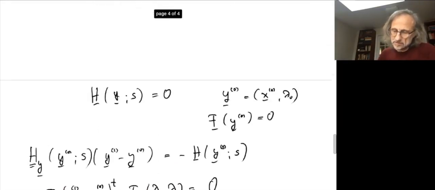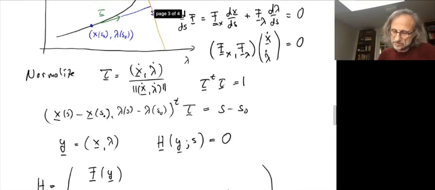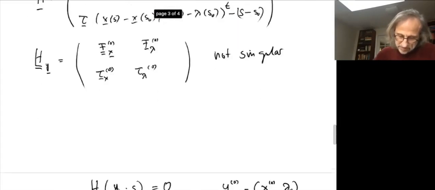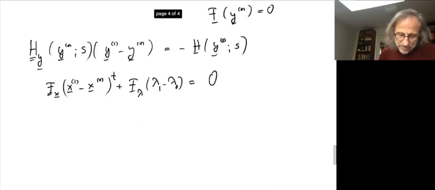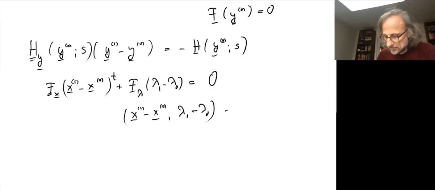That was the same equation we had above, how we defined the tangent here. So that means that x1 minus x0 and lambda 1 minus lambda 0 actually are proportional to the tangent vector. So x1 minus x0, lambda 1 minus lambda 0 is some number alpha times tau at the point S0.